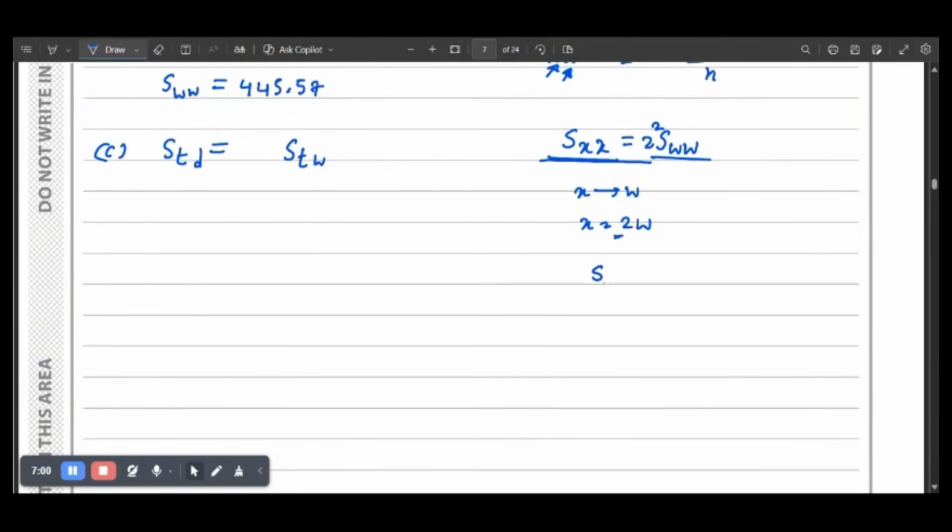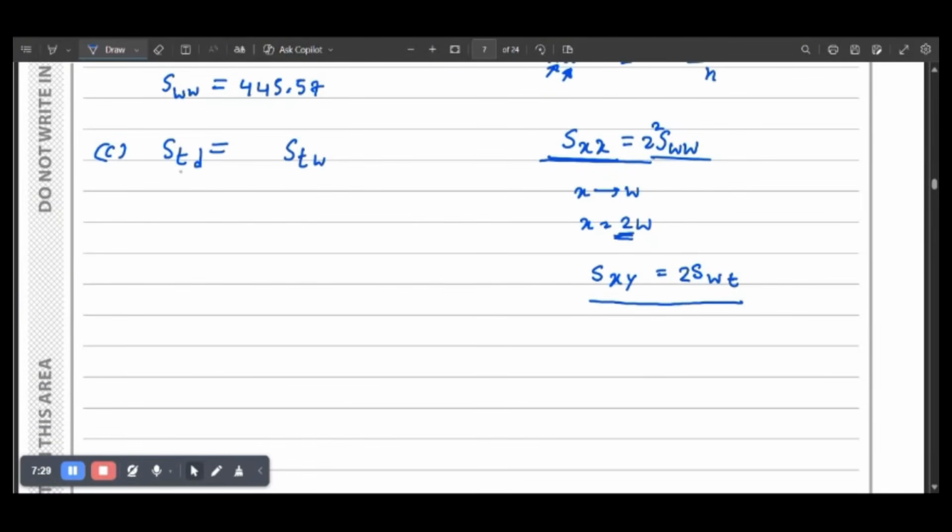If there is only one variable that is coded, let's say x and w, then we have to convert only one single variable to a non-coded value. So we will take the factor that is multiplied, which is 2, and we'll multiply it without squaring the term. We'll use this fact here.